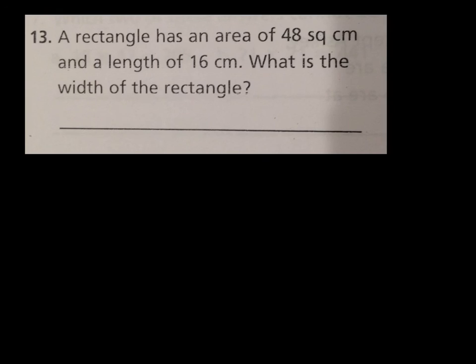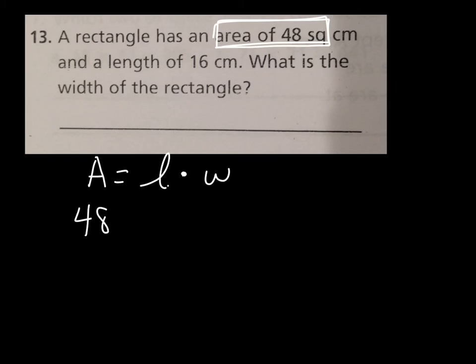We know that to find area is taking the length and multiplying it by the width. If we already know that the area is 48 and we know that the length is 16, but they're telling us we don't know what the width is. So what do we multiply 16 by to get to 48?